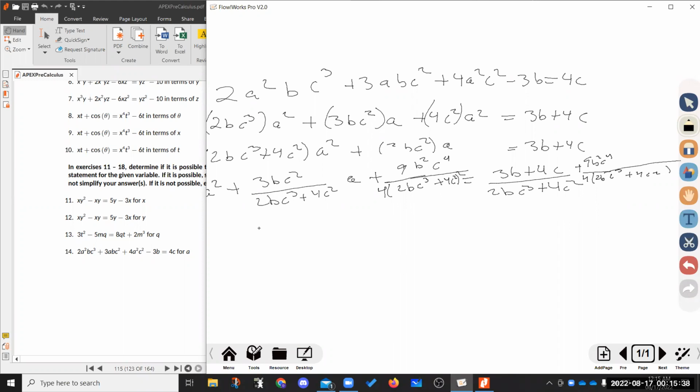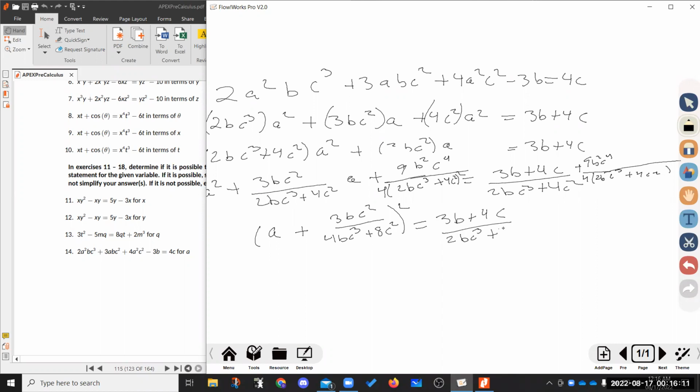And on the left-hand side, I get a plus 3bc squared over 2 times the bottom, which is 4bc cubed plus 8c squared, squared. Then I can try and make a common denominator here. But let's just write out what I have for right now.